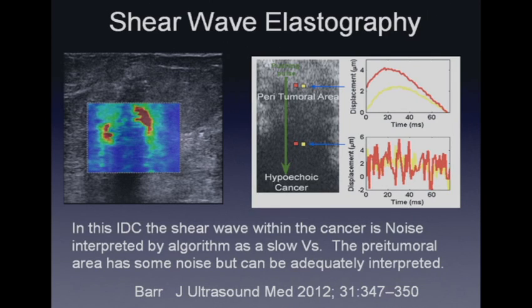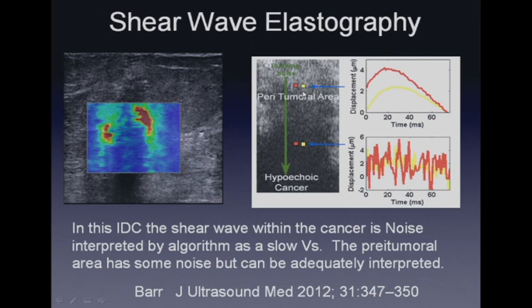We wanted to evaluate this a little more, and we actually have a publication at JUM that shows results. I'm not going to go into detail here, but you can see that when we look at the shear waves themselves at the tumor, which is coded blue here, and the surrounding tissue, the shear waves are actually all noise within the tumor.